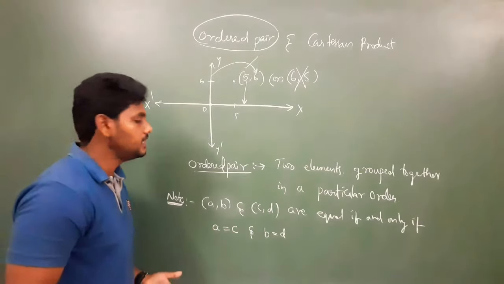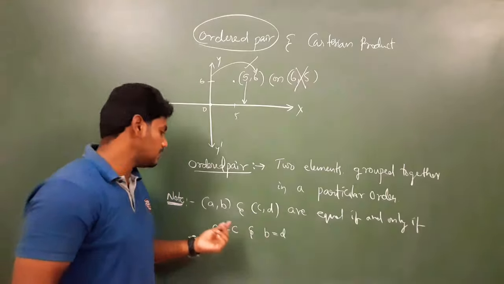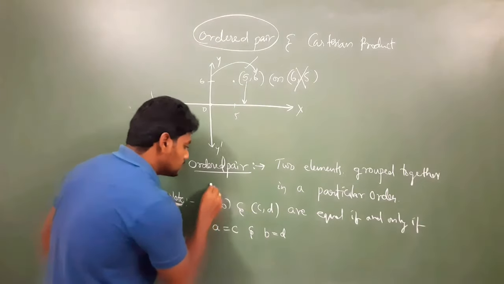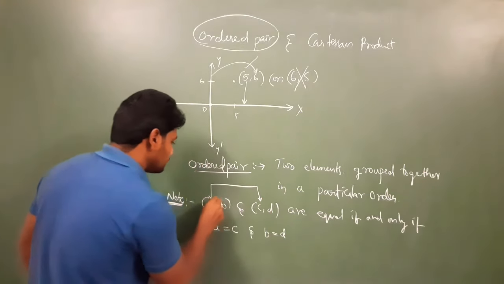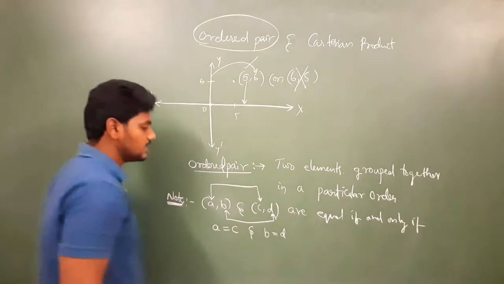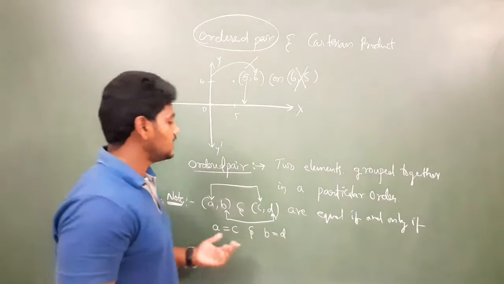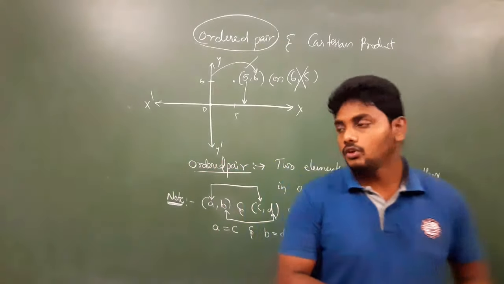Then only those two will be equal. Otherwise, two ordered pairs are not equal. If corresponding first elements are equal and corresponding second elements are equal, then only we consider these two ordered pairs equal. In remaining cases, those will not be equal.